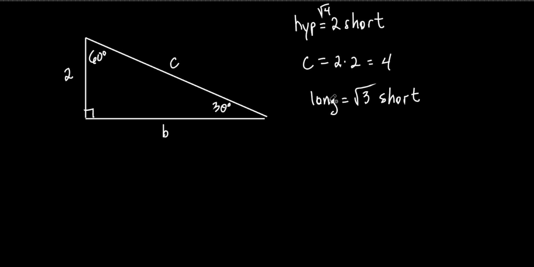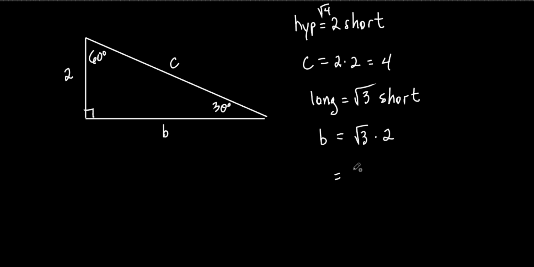All right, let's put some stuff in here. Do I know the long side? No. What is it? It's B. We labeled it as B, so I'll call it B, equals the square root of 3 times the short side. What's the short side? It's 2, so it's times 2. But I don't write it like this. How do I write it when I have a whole number and a square root next to each other?